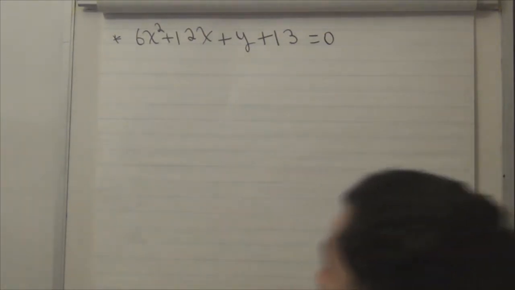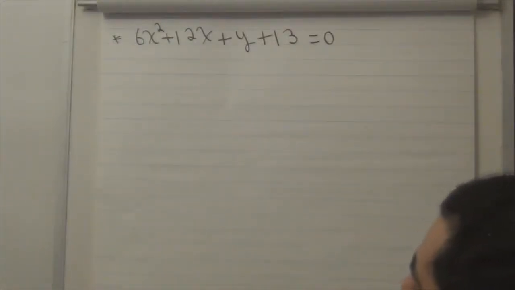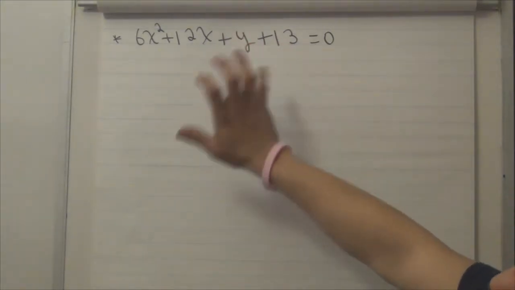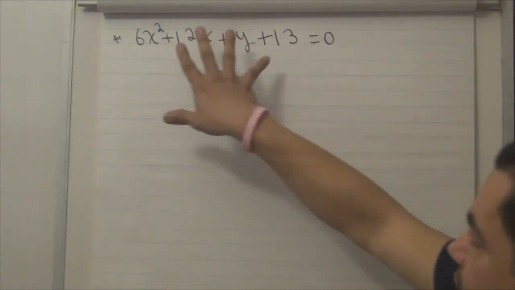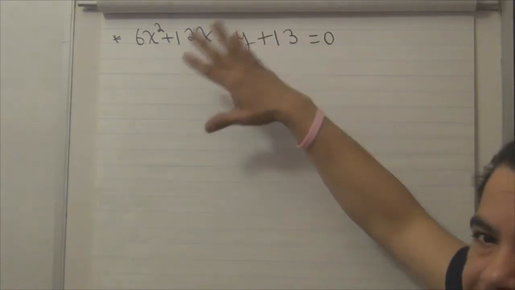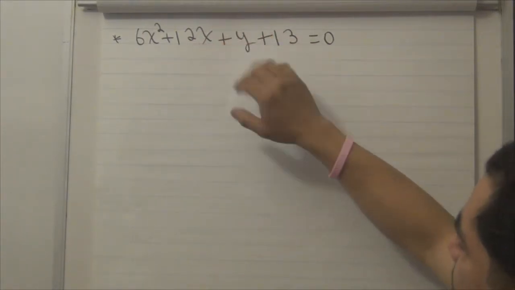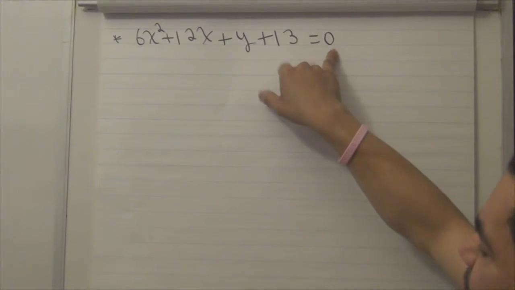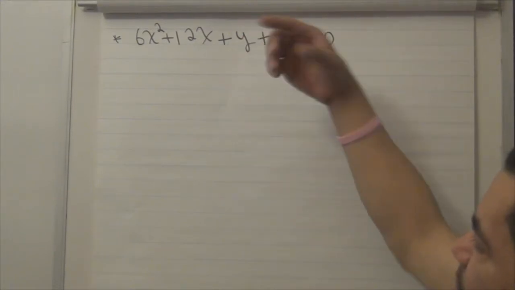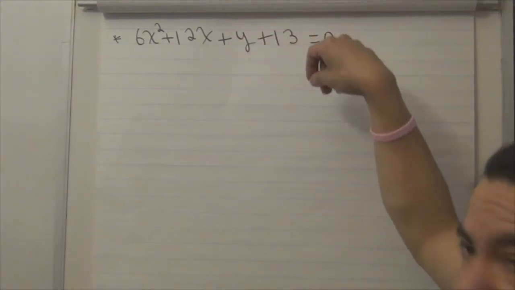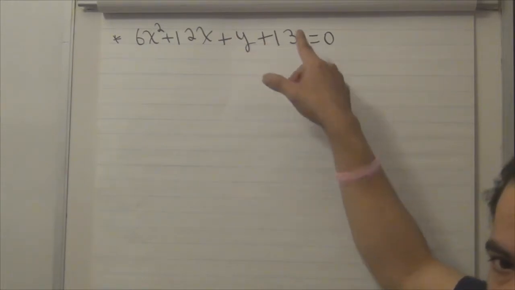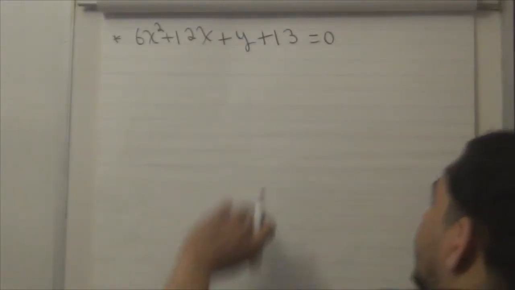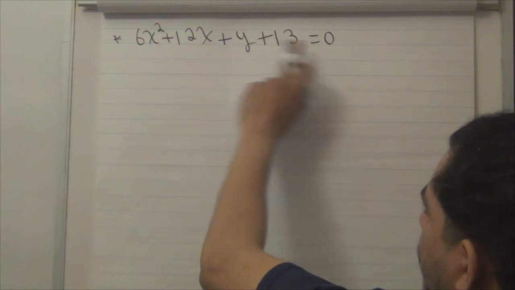Okay. So what you want to do? Well, yes, I know in the past I said that all quadratic equations should be equal to 0. In this one, they try to trick you. They put in a y and they put in a 0. So far we've been having y equals, so we're going to solve for y. So all I have to do is subtract y from both sides.